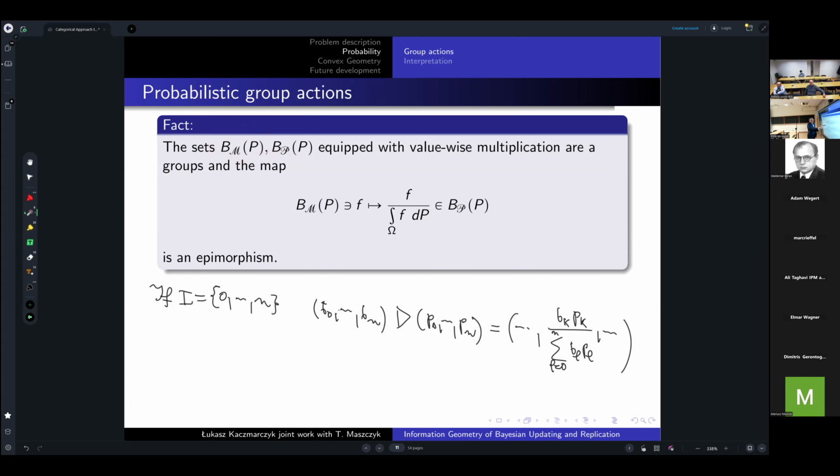And thanks to the fact that this projective map, which is simply taking f and dividing it by its expected value with respect to probability measure P, will yield an action of the group BP, with the group action induced by this homomorphism.